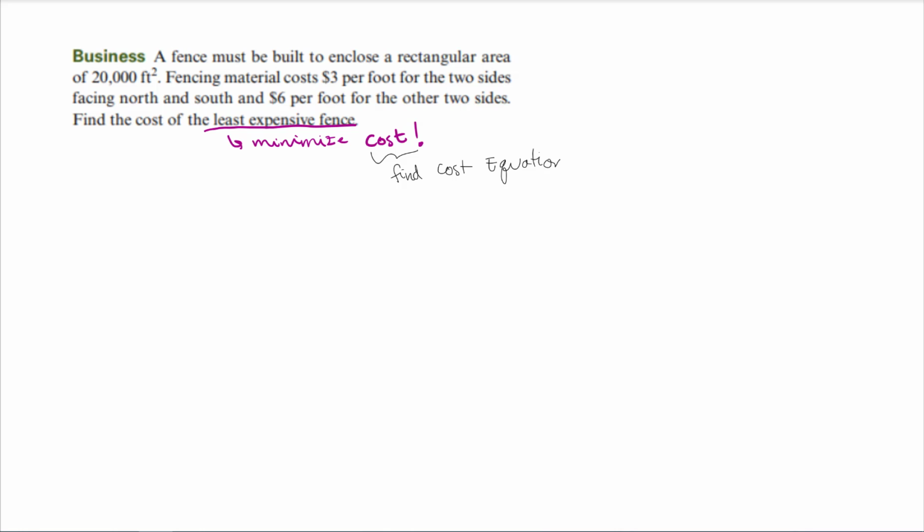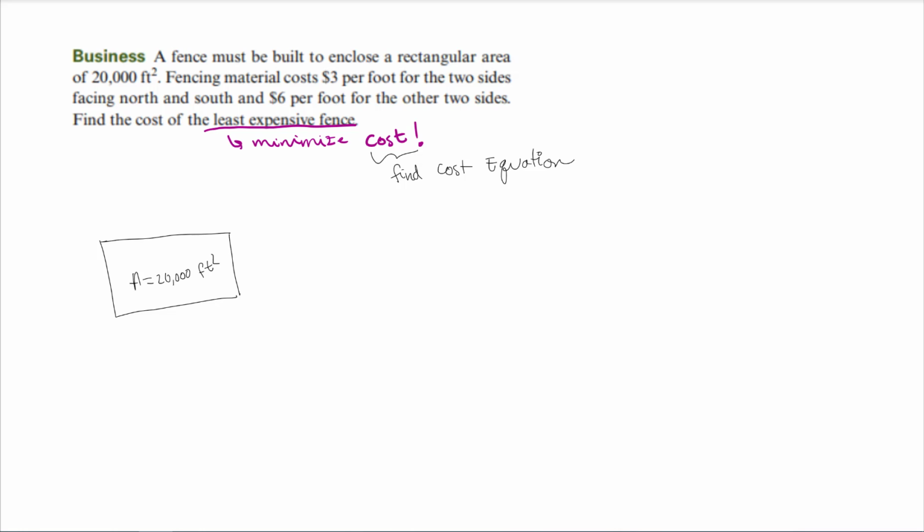For things like this where we have a rectangular area, a picture helps. So I'm going to draw a rectangle. The fence must enclose a rectangular area of 20,000 square feet, so the area here is 20,000 square feet.